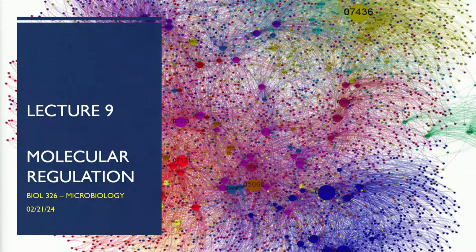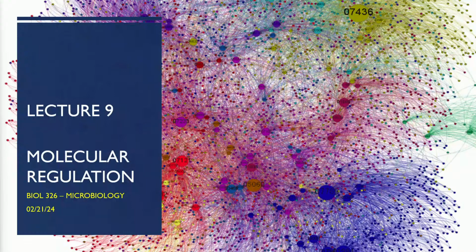Yep, exactly. So rho dependent, basically it binds the RNA transcript and it kind of pulls itself closer up to where that pause site is. So it relies on rho pulling itself and the pause site. Once it reaches there and it contacts the polymerase at the pause site, then the rho protein has this helicase activity. Basically what it does is it causes it to terminate.